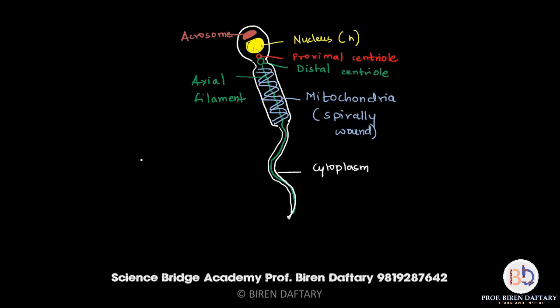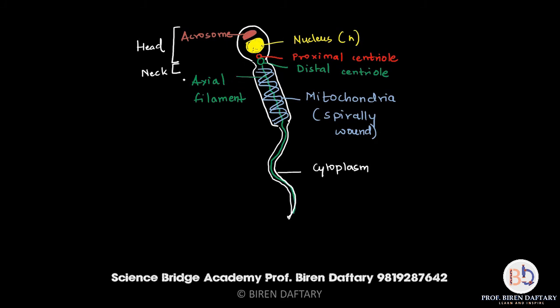Alright, so we will label the 4 different parts of the sperm. This initial part is called the head. Below that, the portion where the 2 centrioles are present is called the neck. The head and neck are covered by an extra membrane called the fibrillar sheath, which protects the sperm.